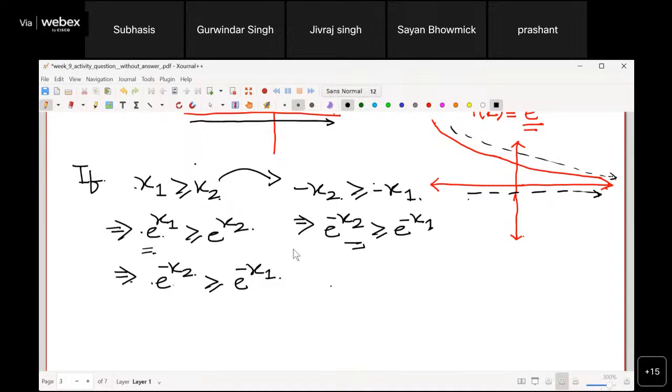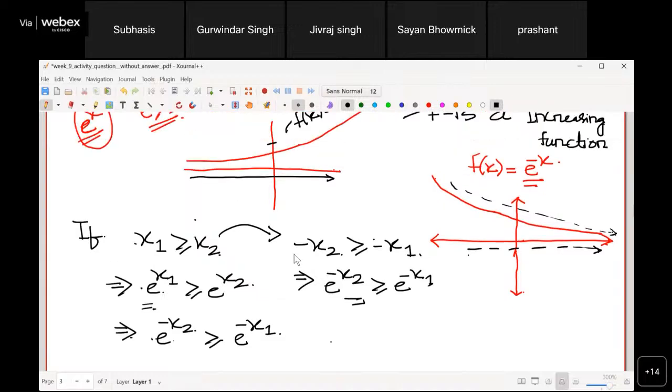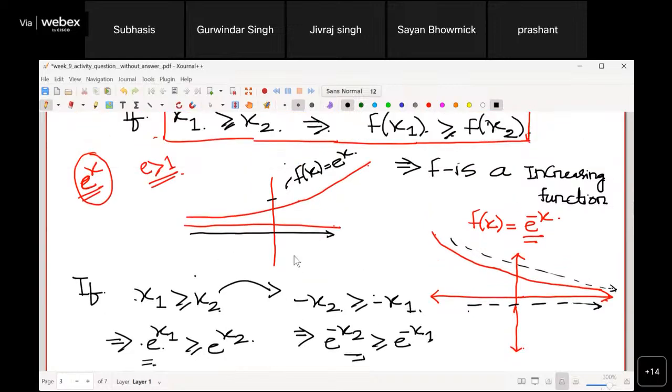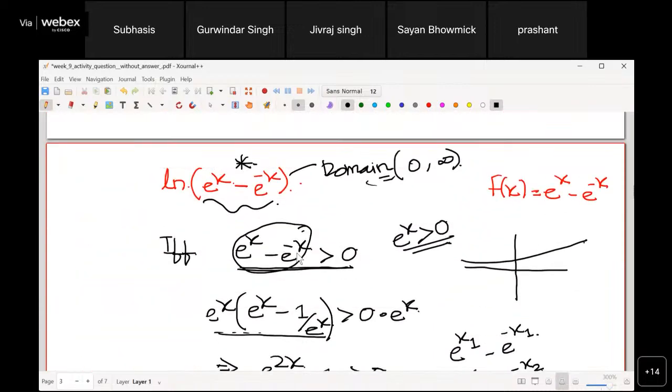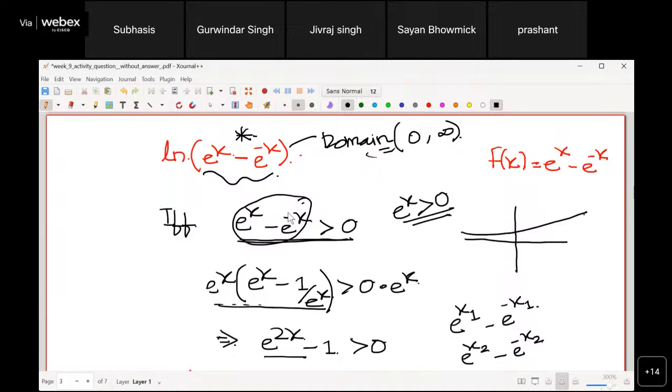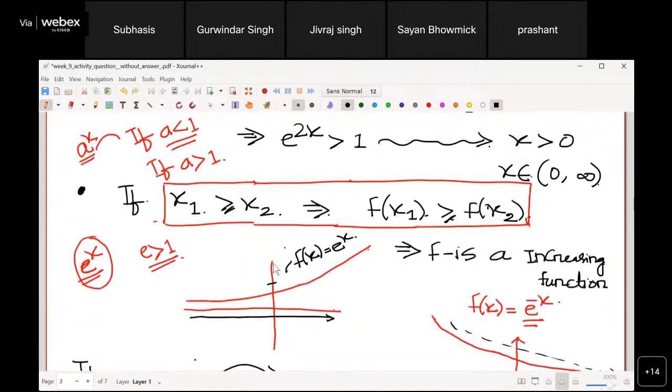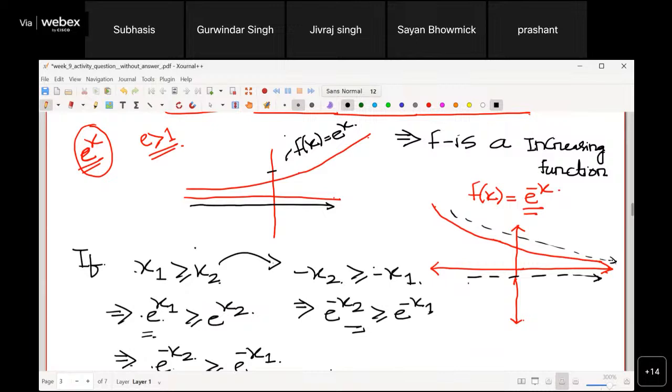Let me go back to the domain. What is the domain of this function? 0 to infinity. That means this x1 and x2 are always inside 0 to infinity, right? Correct or not?